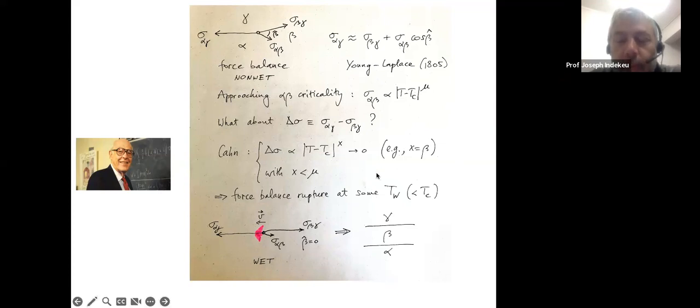And so this argument would predict that this quantity vanishes, but more slowly than the other term in the Young-Laplace equation. Let's go back to the Young-Laplace equation up here. If the difference between these two goes to 0 more slowly than this one, and of course the cosine of beta hat can at most be 1 in absolute value, so there cannot be much change in the magnitudes of these quantities, then at some point we are going to reach the equality if we come from the inequality.